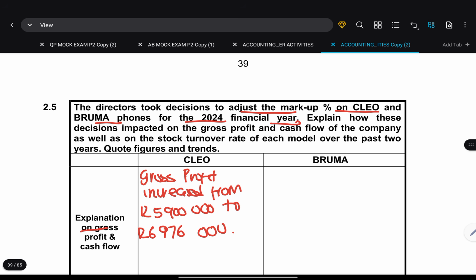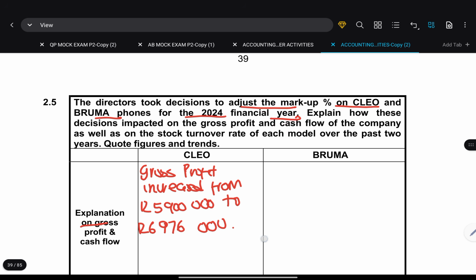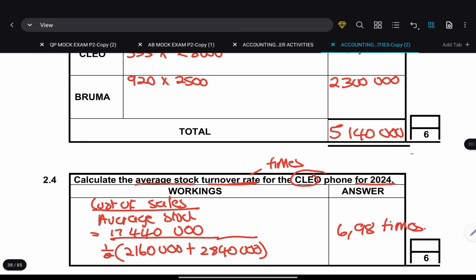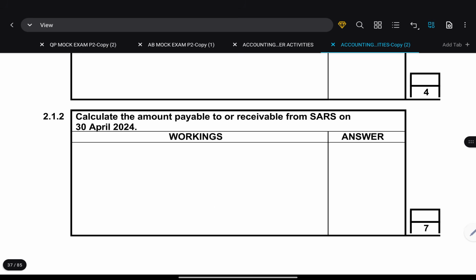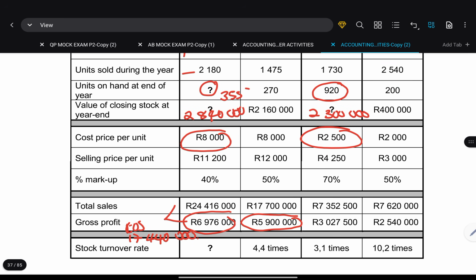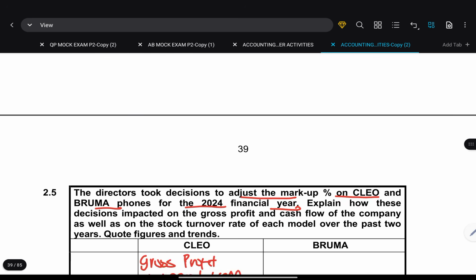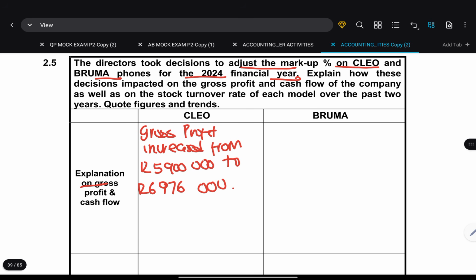Remember, they adjusted the markup. When you look at this, you will see that markup was decreased from 50% to 40%. So we also need to know that markup. Maybe you can use this as your second option. So we can say markup was decreased from 50% to 40%.